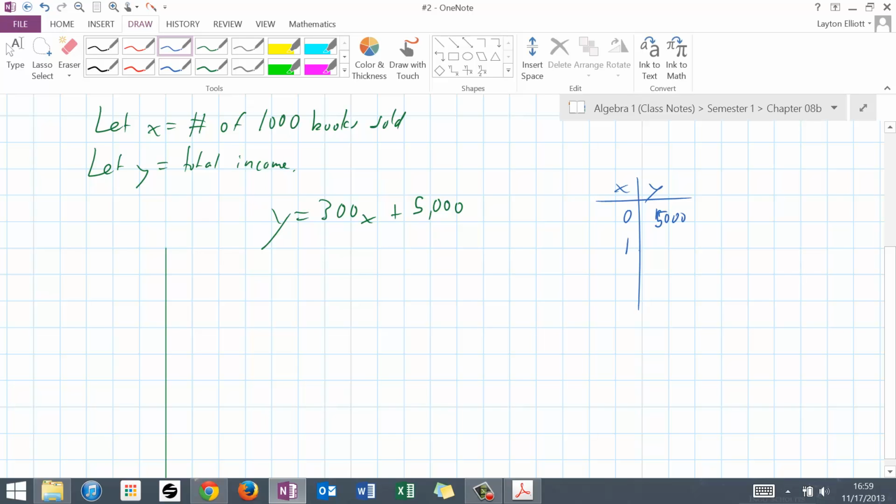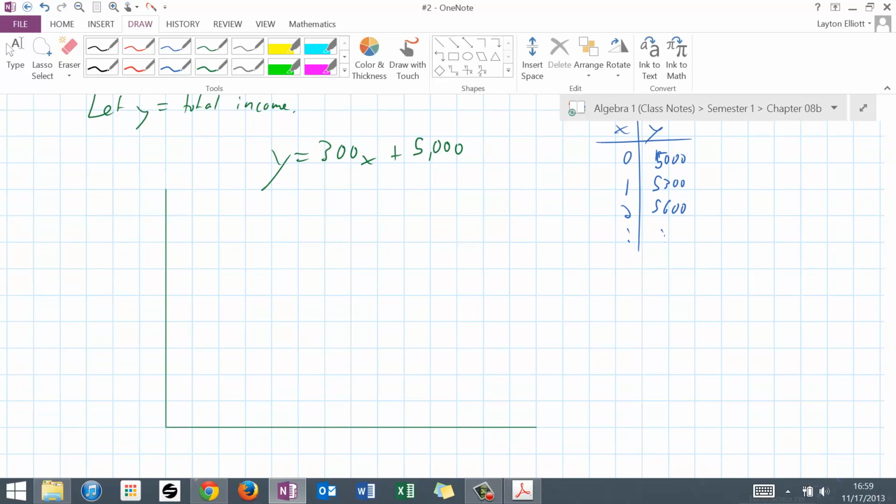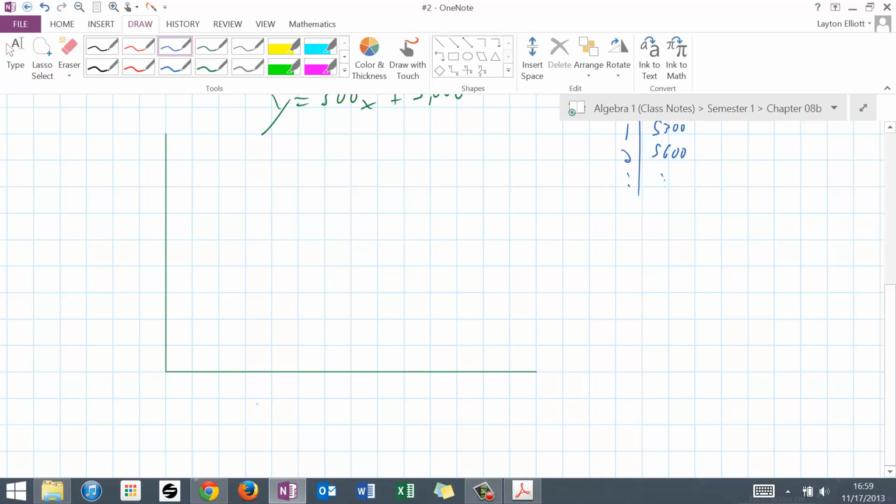When x is 1, and I plug that in, I get 300 plus 5,000, so 5,300. You can keep the pattern going to 5,600 and so on, adding 300 every time. Let's go back over to here. We're going to label our axes. X is number of 1,000 books sold, and y is total income.